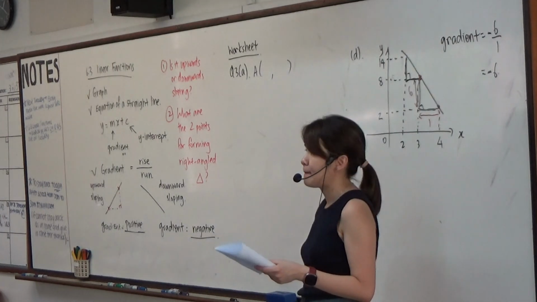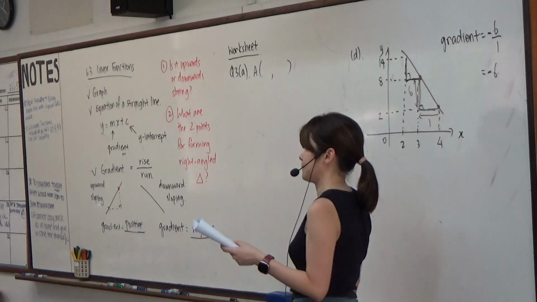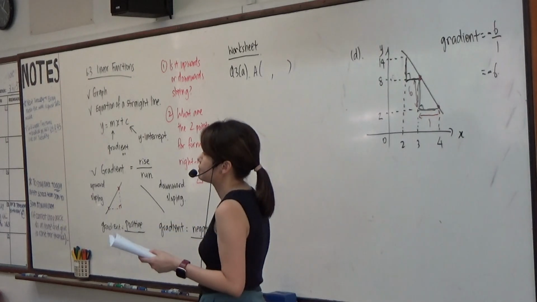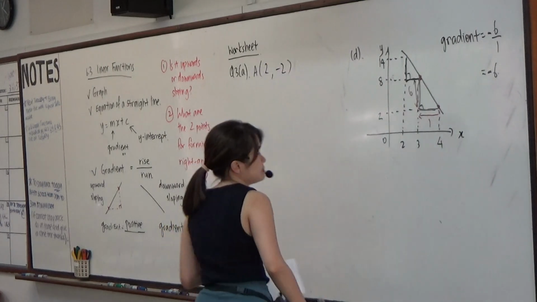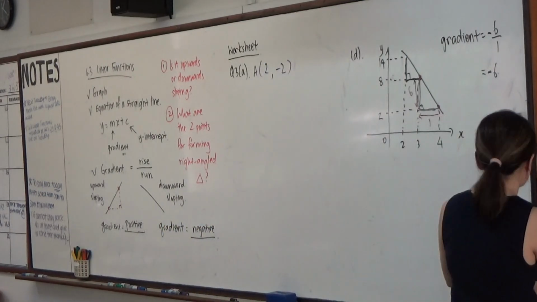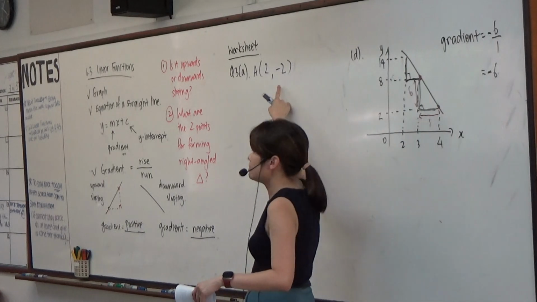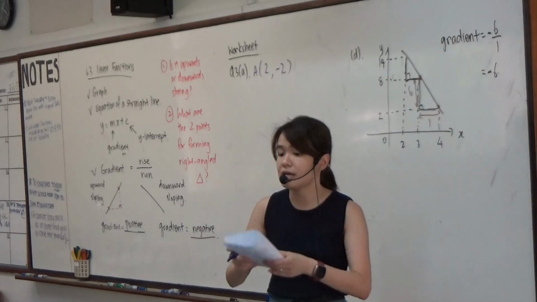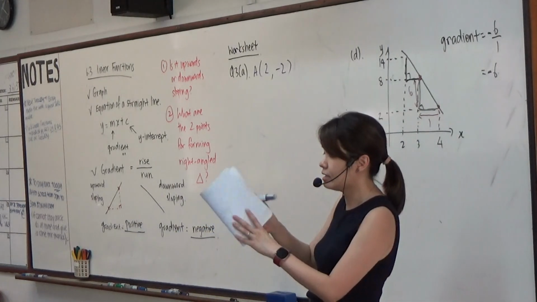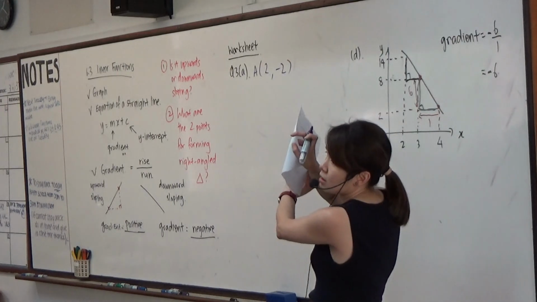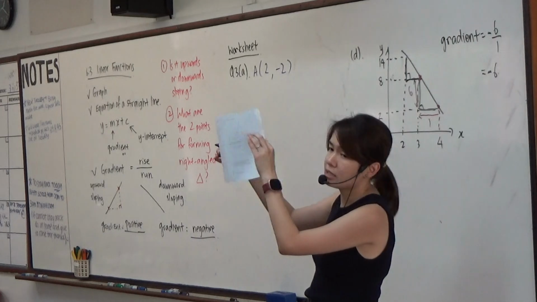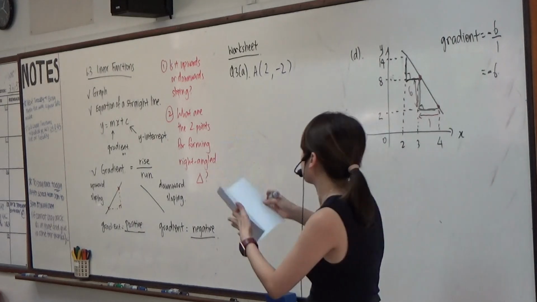X and Y. Two and negative 2. Great, thank you. So we get 2 and negative 2 for the coordinates of A. You may write down your answer either in the empty space on the worksheet or at the empty space at the back, so that all your answers and your question are together.